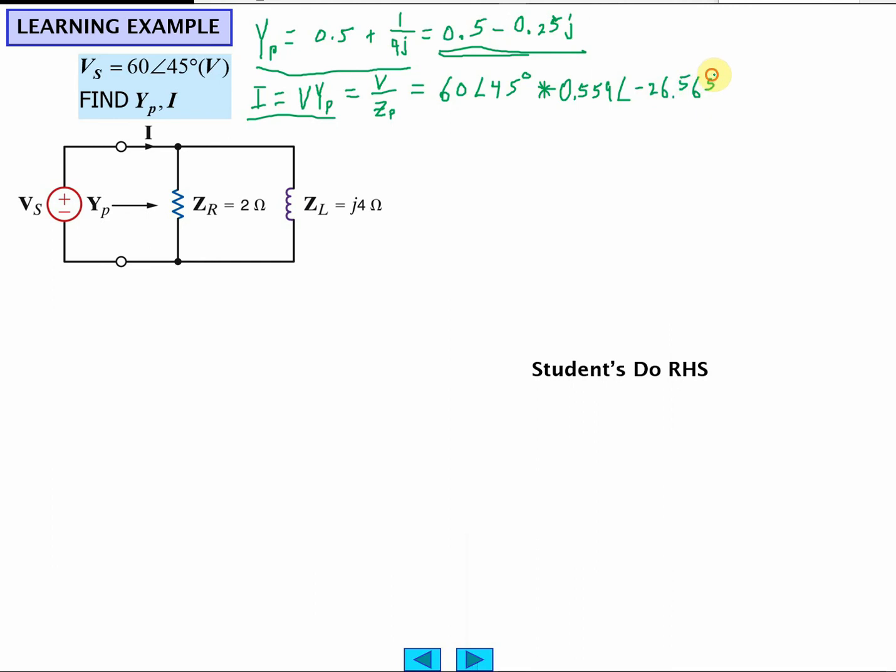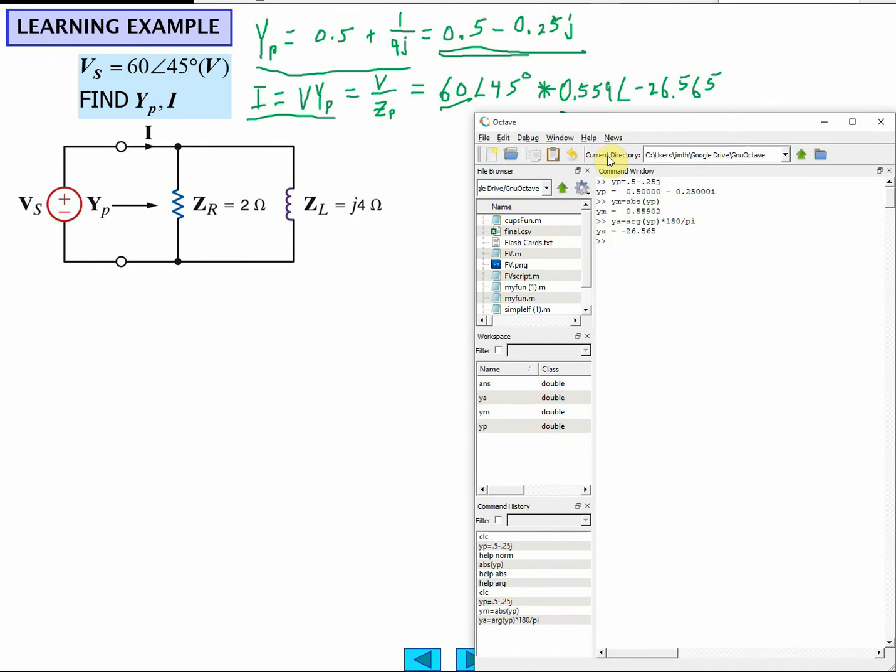And now we multiply this times this. So that would be YM times 60, 33.541.